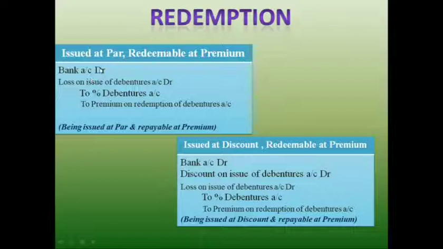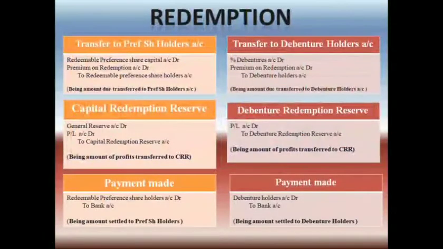So it's bank account debit, loss on issue of debentures debit, to percentage debentures, to premium on redemption. When it is issued at discount and redeemable at premium, it's the same thing. When you issue at discount, it's bank account debit, discount account debit to debentures. When it is repayable at premium, you credit the premium and you debit the loss on issue of debentures. So this is with regard to the journal entries for repayable at premium.